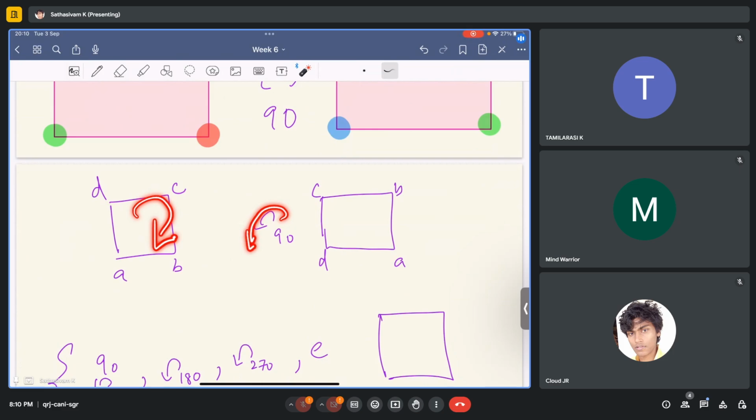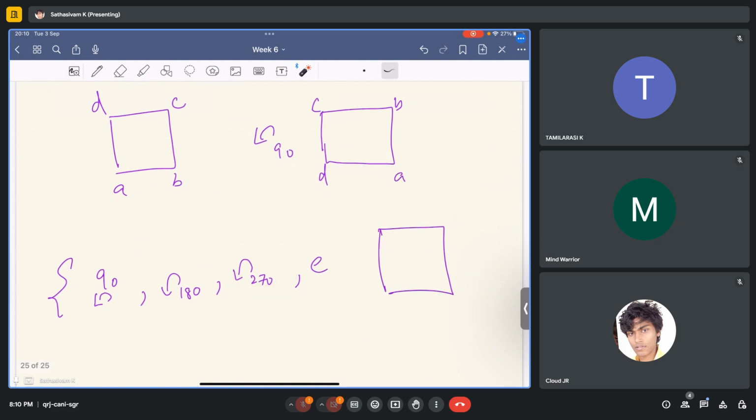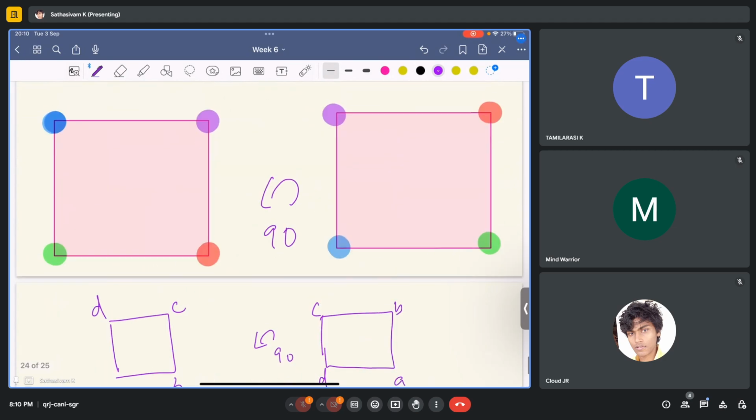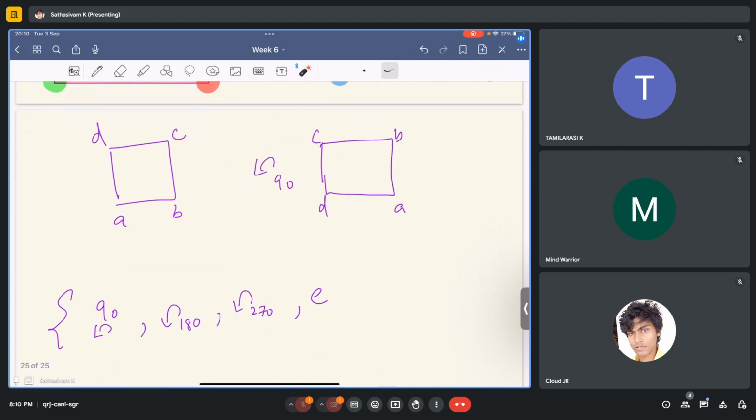I'm going counterclockwise, right? If you go clockwise 90 degrees, that is the same as counterclockwise 270 degrees. You can check that, so keep it as an exercise. It's a fun exercise: cut a piece of paper, put 4 colors here, or maybe just mark A B C D, and then do all the possible things that you can do.